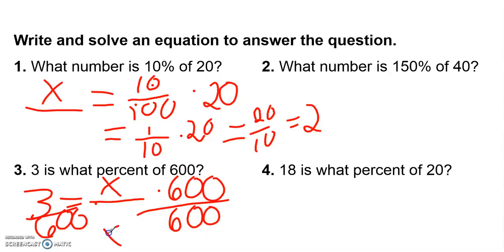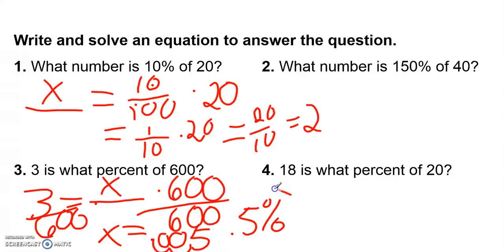I'm going to get a decimal, and that decimal is 0.005. And then if I want to make that into a percent, I have 0.5%, which makes sense because 3 is what percent of 600 is obviously a very small percentage. Okay? Moving on.